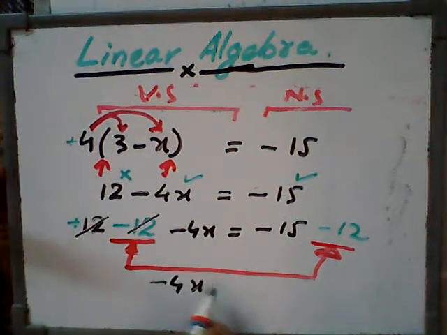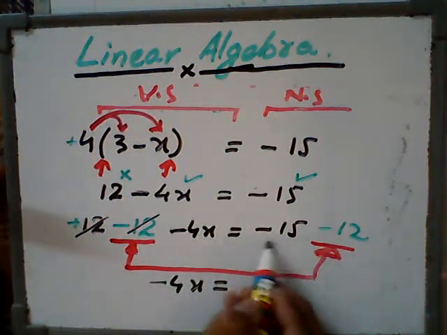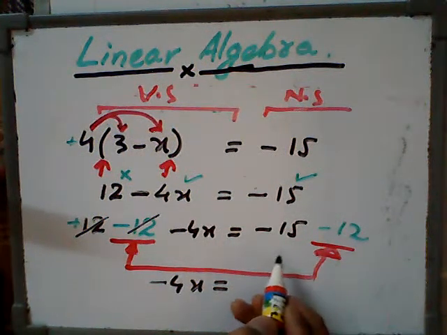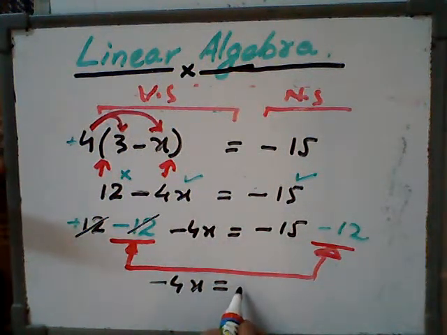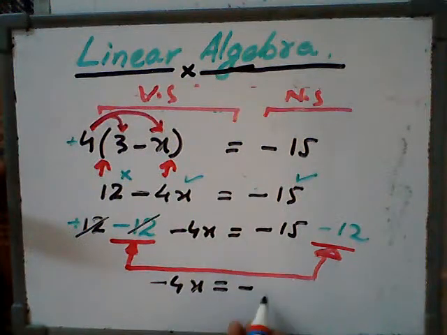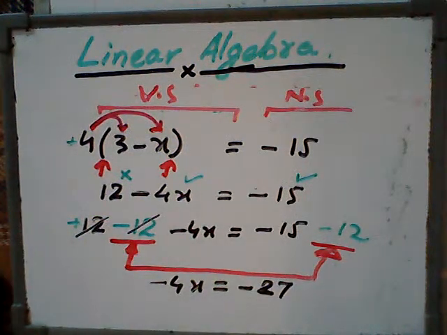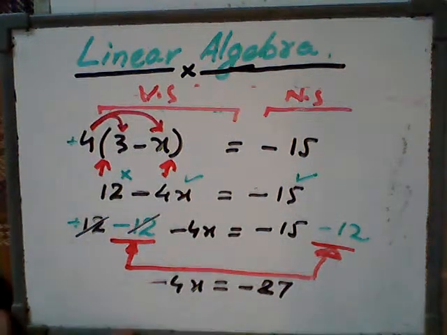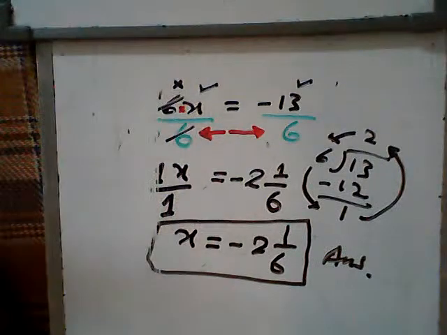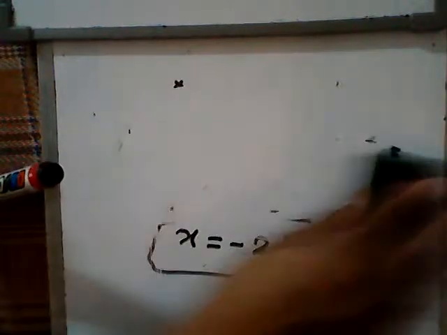Minus 4x is equal to, now these are the same sign numbers, so we'll be adding them. So it gives us the bigger number's sign, minus, and adding them gives 27. So now this is a number. Now we'll be solving this number on the other side.